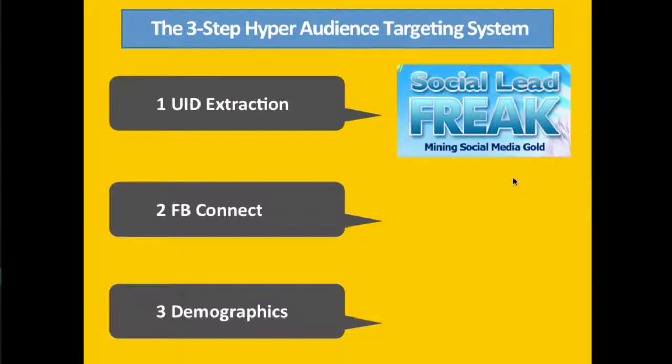Well, not really. While layer 2 and 3 are nice to have, they are not essential. See, if doing steps 2 and 3 means that you will be delayed from taking action because of the additional steps involved, then by all means don't. Simply do step 1 with Social Lead Freak, get results, then keep tweaking them.